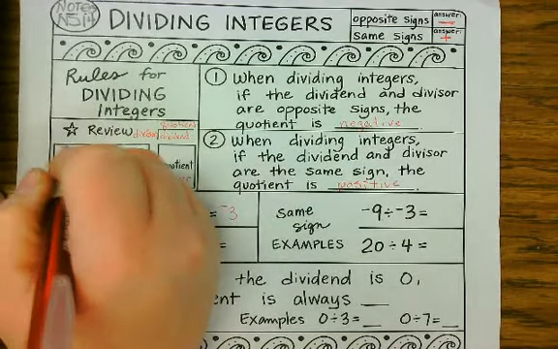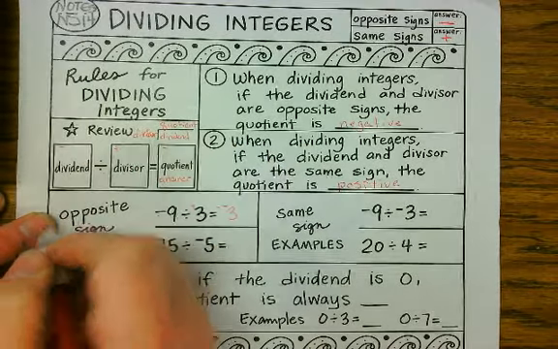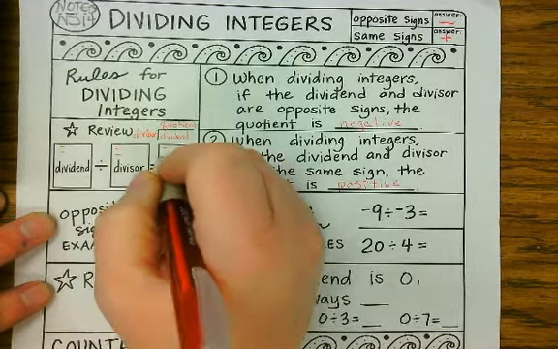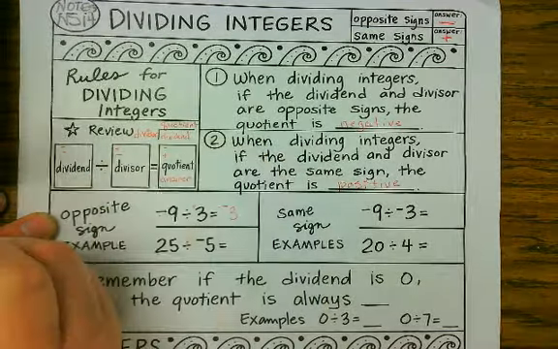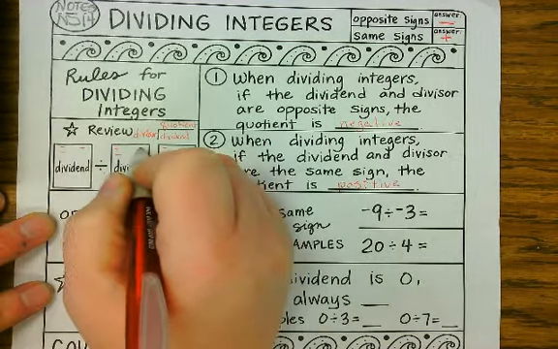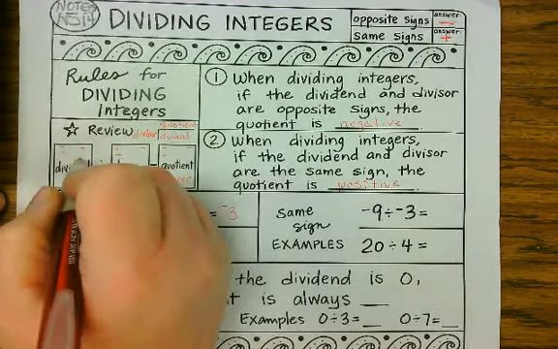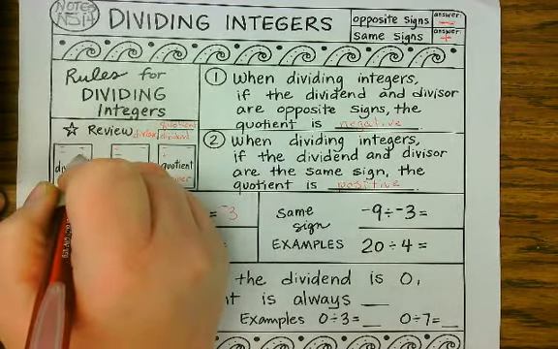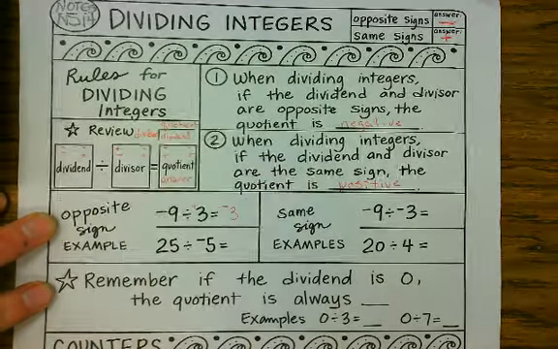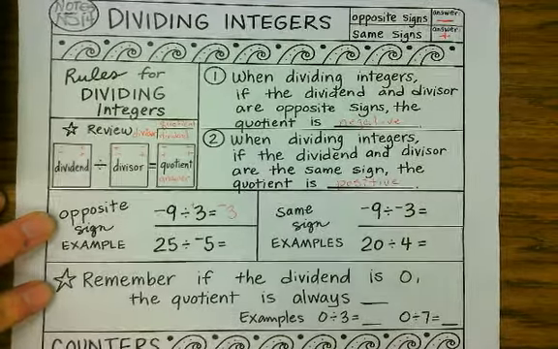If this is negative and this one is positive, this one is negative. If this one is negative and this one is negative, then this one is positive. If this one is positive and this one is negative, then this one is negative. If here we have a positive and a positive, then we get positive. Okay? Those are our 4 possible combinations.